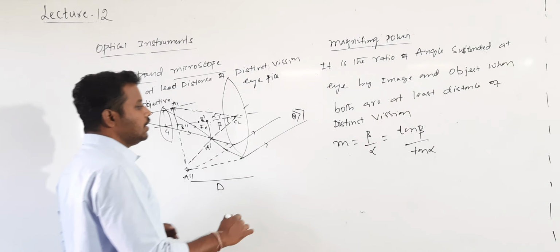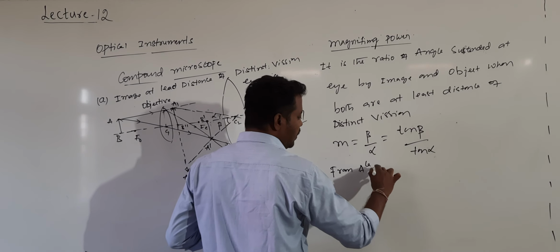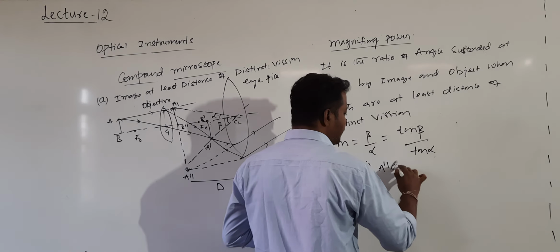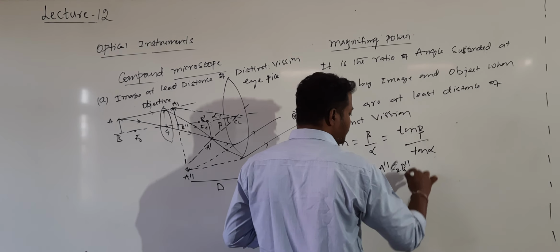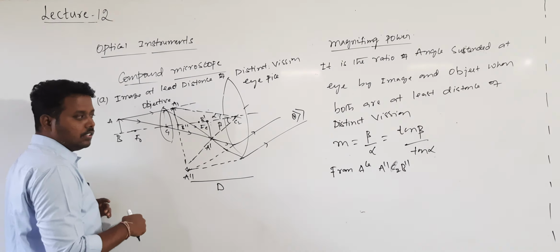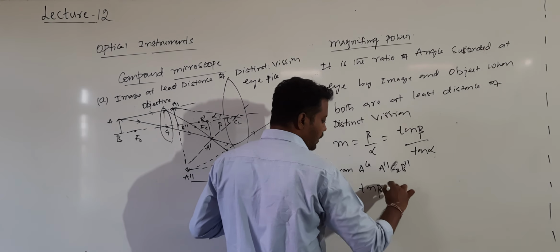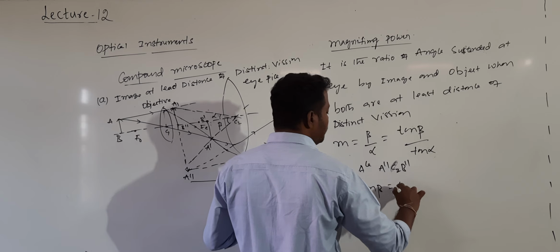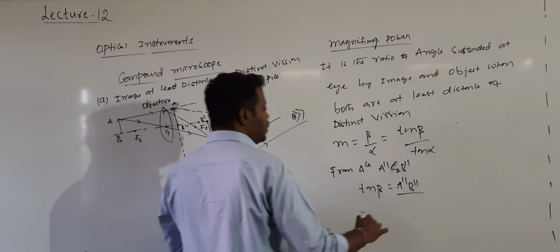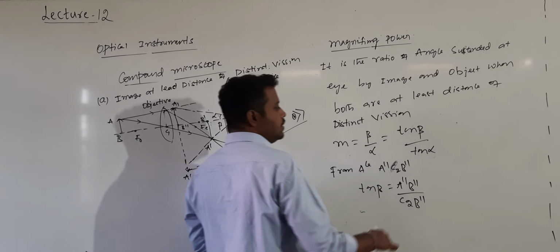The triangle A double dash C2 B double dash. In this triangle, what is the formula for tan beta? Tan beta is equal to A double dash B double dash divided by C2 B double dash.